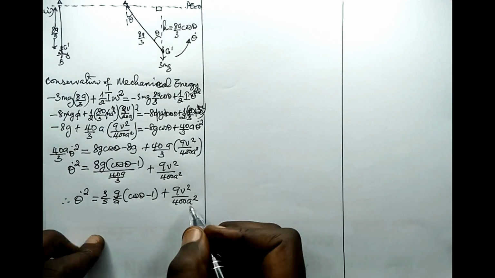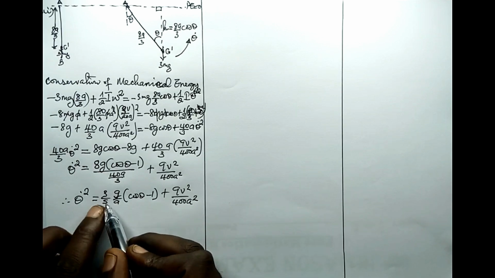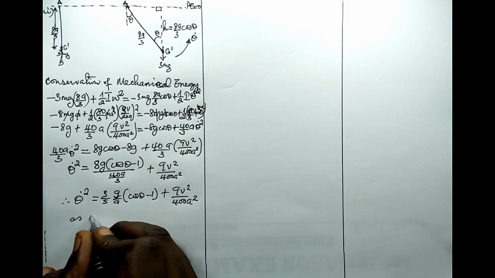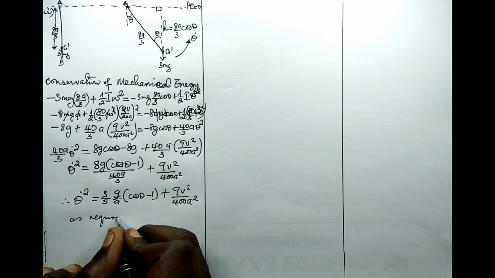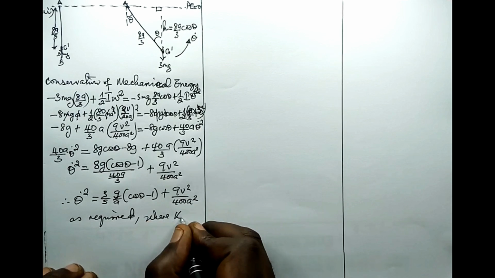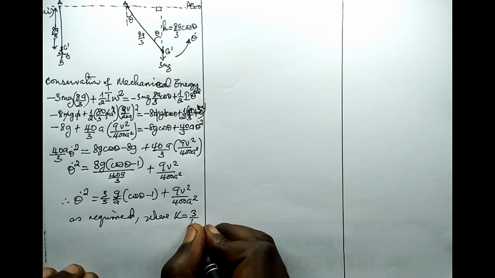And that gives the proof. In the proof, this 3 over 5 is k, and we are asked to state the value of k. So we say, as required, where k equals 3 all over 5.